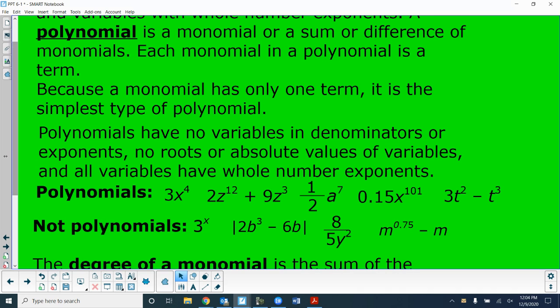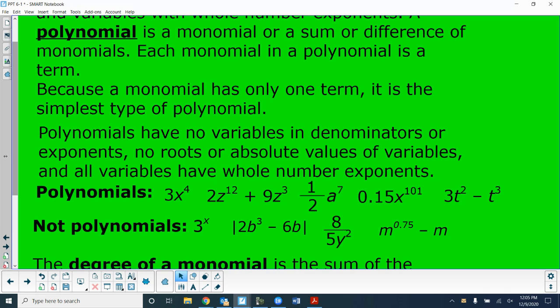For the second one, why is that not a polynomial? Because it's in absolute value signs. So no roots, no square roots, cube roots, whatever, or absolute values of variables. There won't be any absolute value signs around our variables or square root or cube root signs. All variables have whole number exponents.